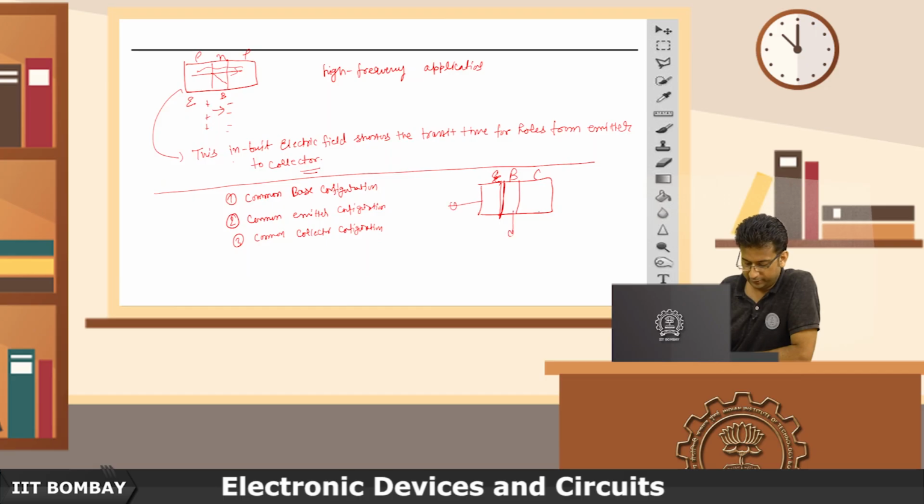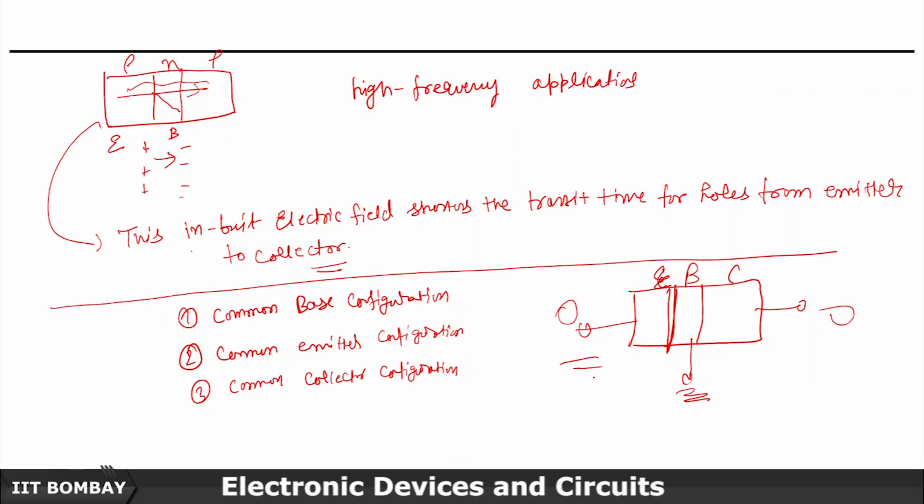In the first case we made the base common, applying voltages and making the junctions forward and reverse biased. We can also make the emitter common or the collector common, which is a very obvious question. We have already discussed the common base configuration, in which the base is common. In common emitter, the emitter would be common, and in common collector, the collector would be common.